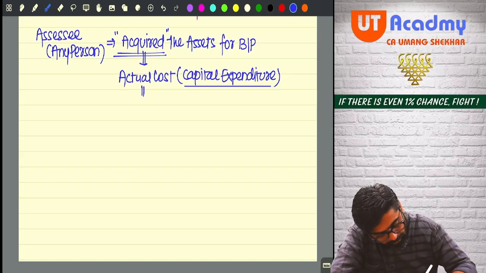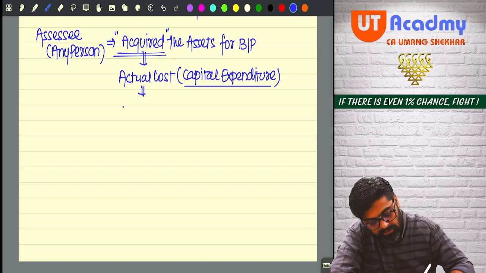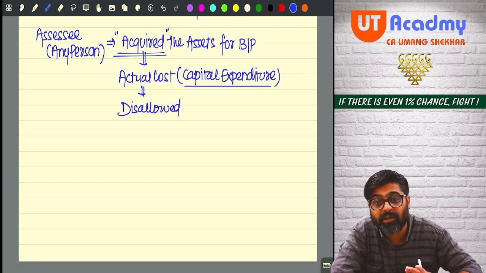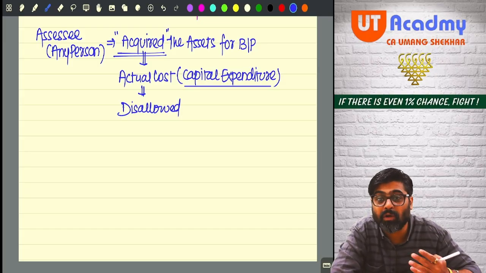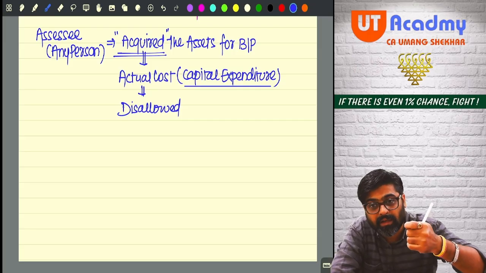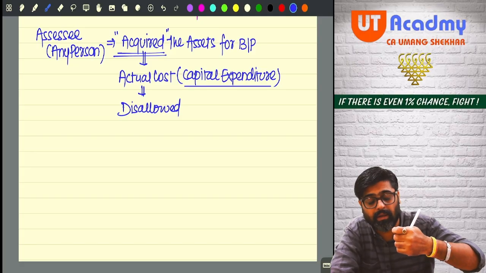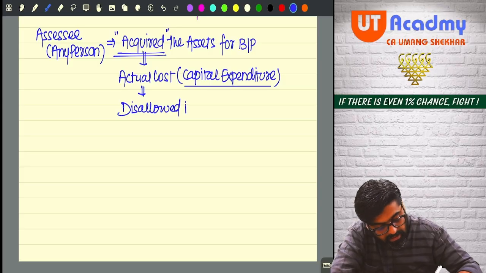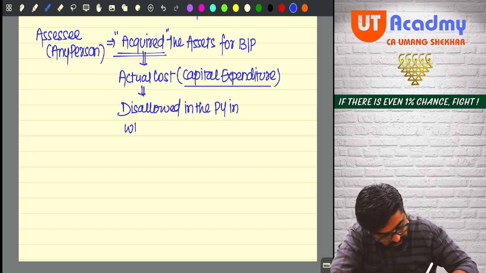Hence, this entire capital expenditure, entire actual cost, we are going to disallow. Wait. Disallow means disallowed at once. Meaning that we are not going to give you the deduction for this expense straight away, in the full amount the deduction we cannot give. Meaning that it is disallowed in the previous year in which it is actually incurred.